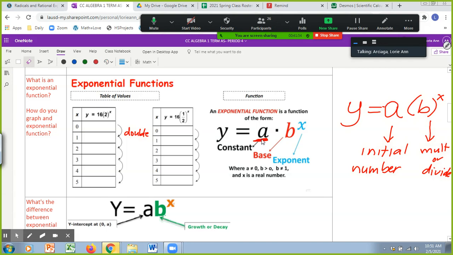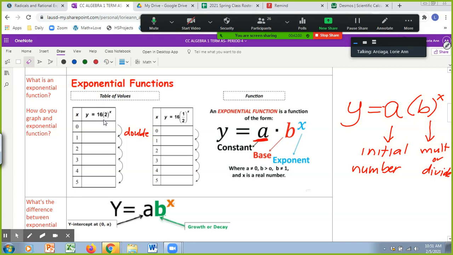And how do you know the difference between a and b? Like in this example, how would I know the difference between a and b? Is a always greater than b? Not necessarily. So can you tell me how you can spot an a versus a b value?